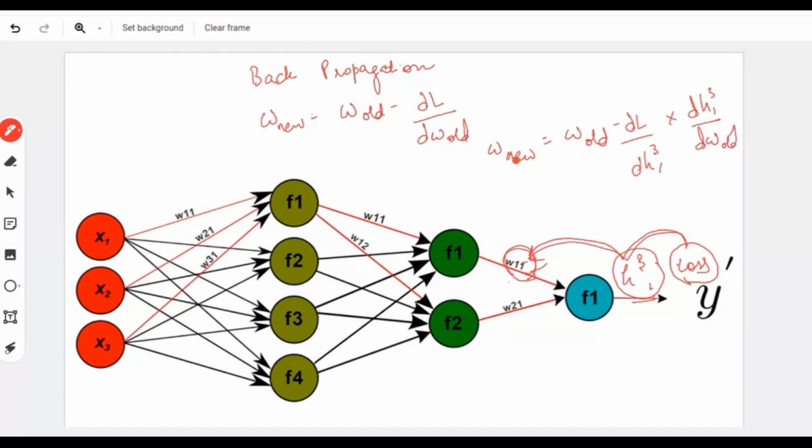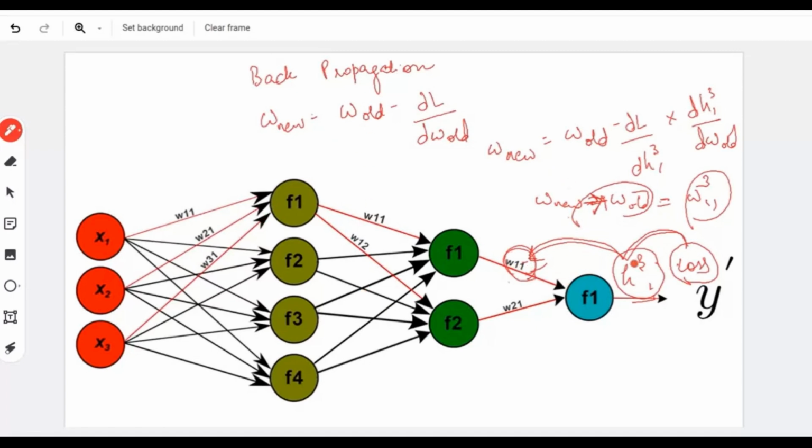Now let me just say W new and W old. All of these are basically this W11 for the third layer. I am just writing it in this manner for now, just so that you can understand what is happening.